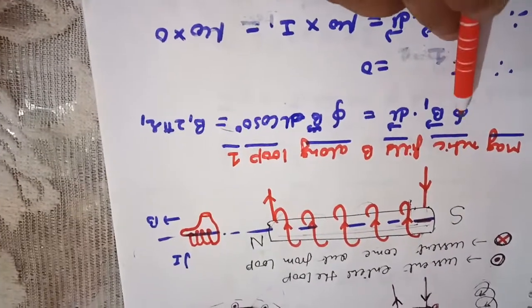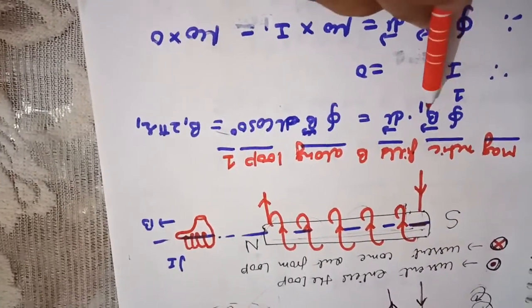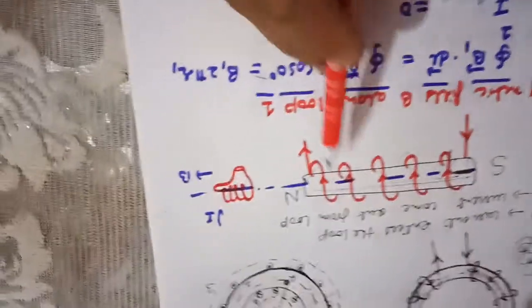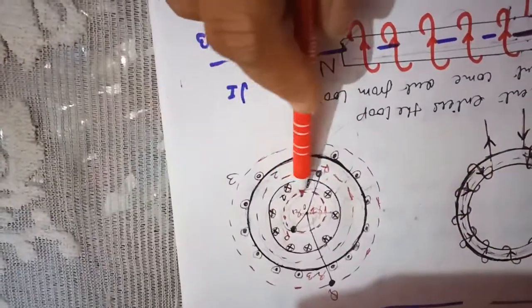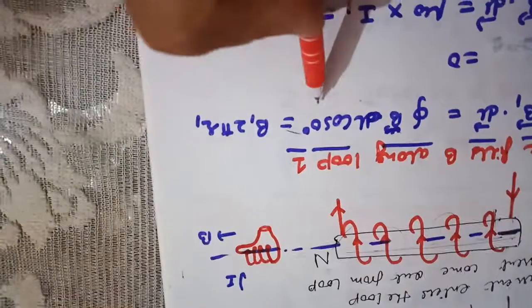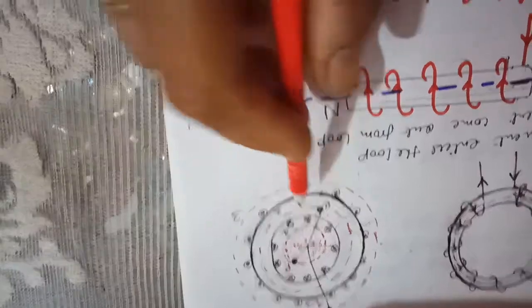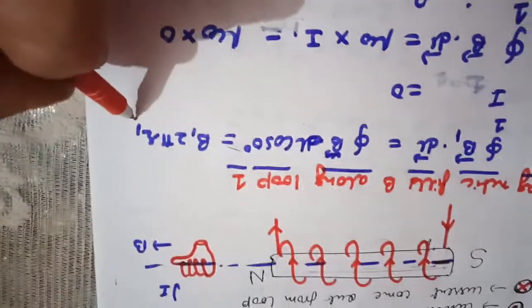You know that the closed integral for loop 1, B1 dot dl, we have written. B and dl are both in the same direction, so B dl cos 0, where B1 is the magnetic field and R1 is the radius. So this is 2 pi R1.